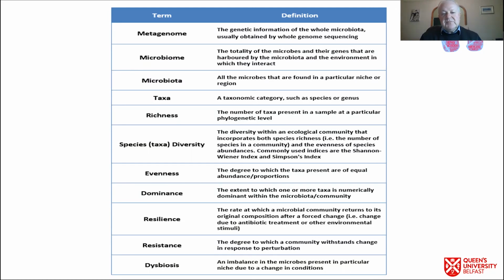I want to also just remind us that relative abundance, which is an important concept in interpreting next generation sequencing data, is not an absolute measurement, but is, as it says, an assessment of the relative abundances of particular taxa within an ecological niche.